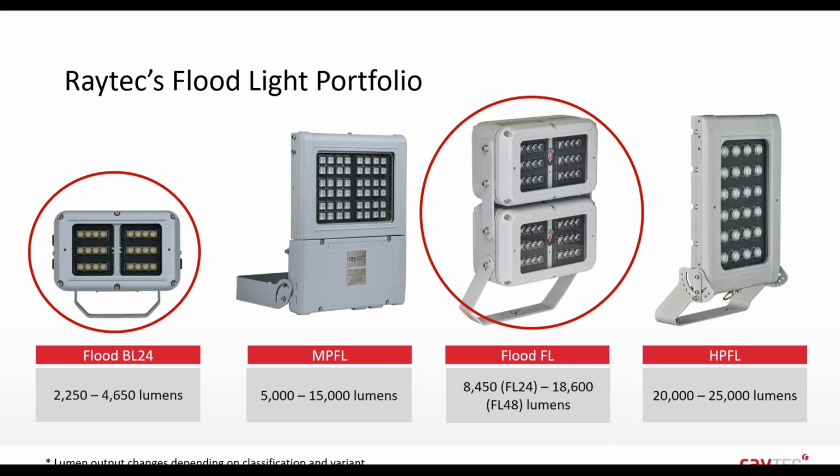So within the new range updates, we thought we'd take the opportunity to let you know that we have now discontinued the high power flood and bay 10K and 15K versions. This is solely due to the fact that mid-power flood and bay variants offer the same output but at a more cost-effective and installation-effective solution.